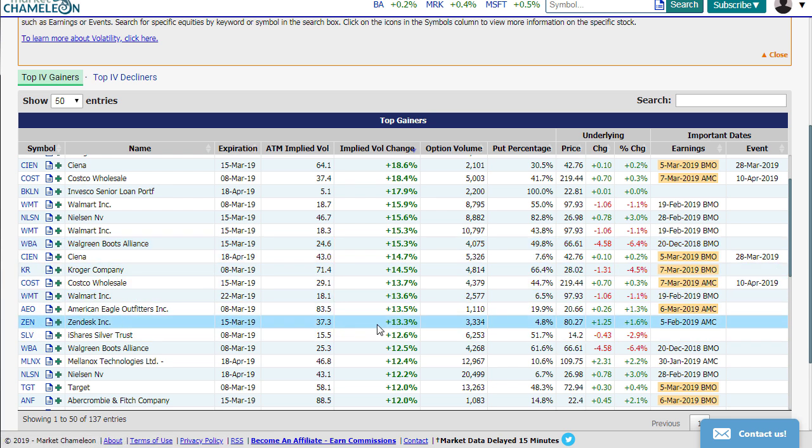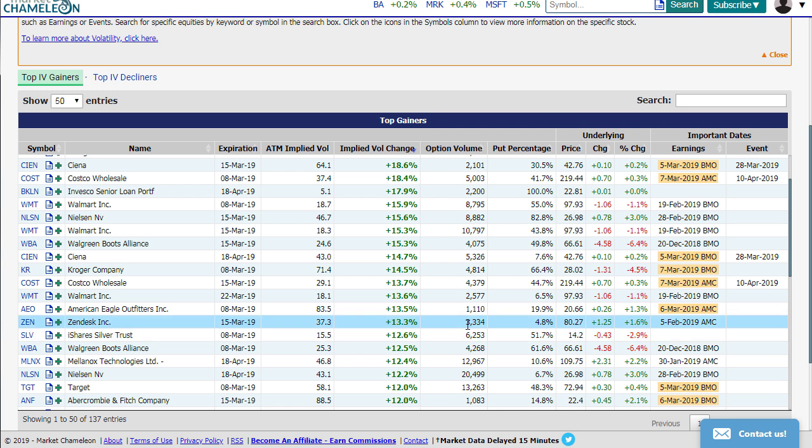Zendesk had a 13.3% increase in the implied volatility for the March 15th option. Implied volatility essentially means that people expect the stock to have a big move, and it's increasing recently.